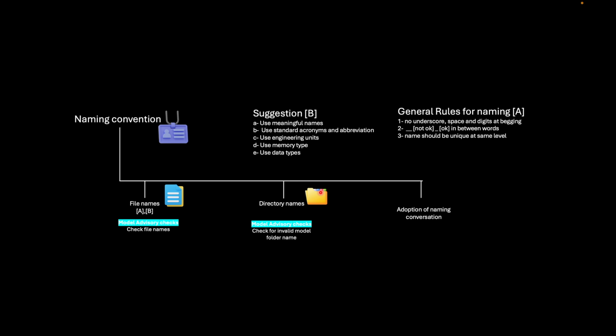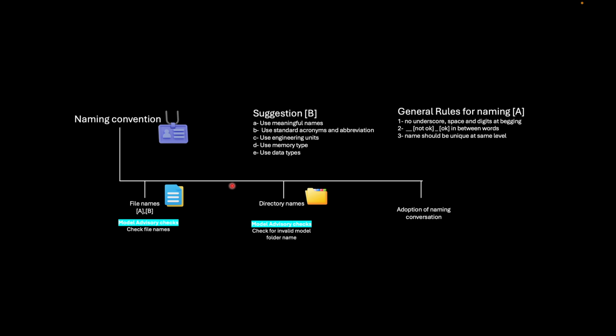That is the second part. And next is adaptation of naming convention. This is more related to what is happening inside the model, like add blocks, as I mentioned in the previous example. That comes inside this one, and this is the overall part.